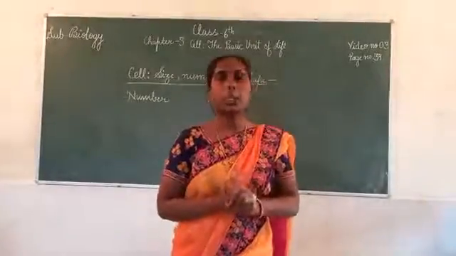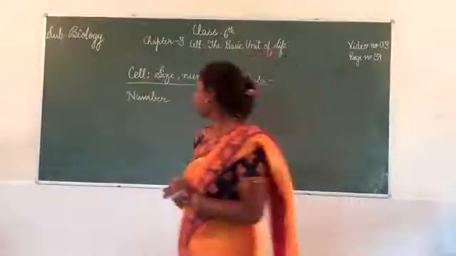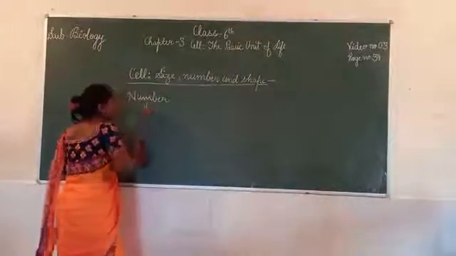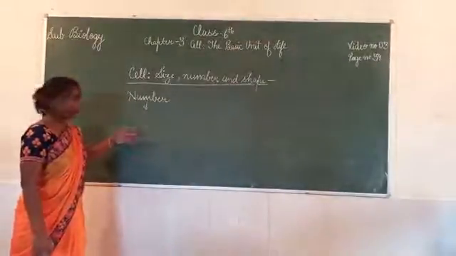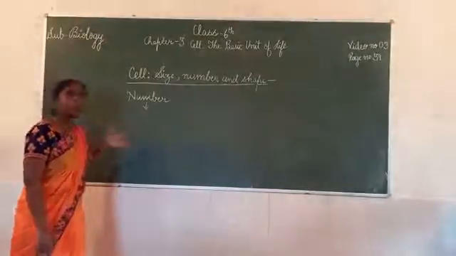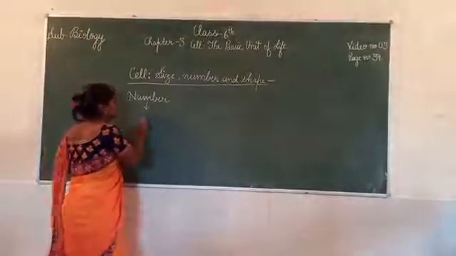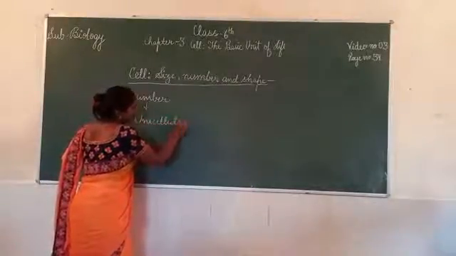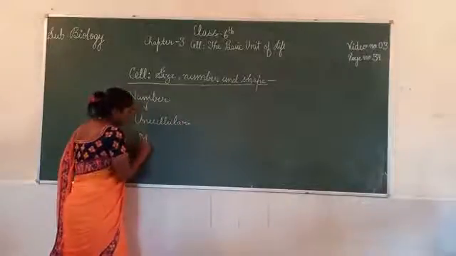Organisms may be unicellular or multicellular. On the basis of the number of cells present in organism, some organisms may be unicellular and some may be multicellular.